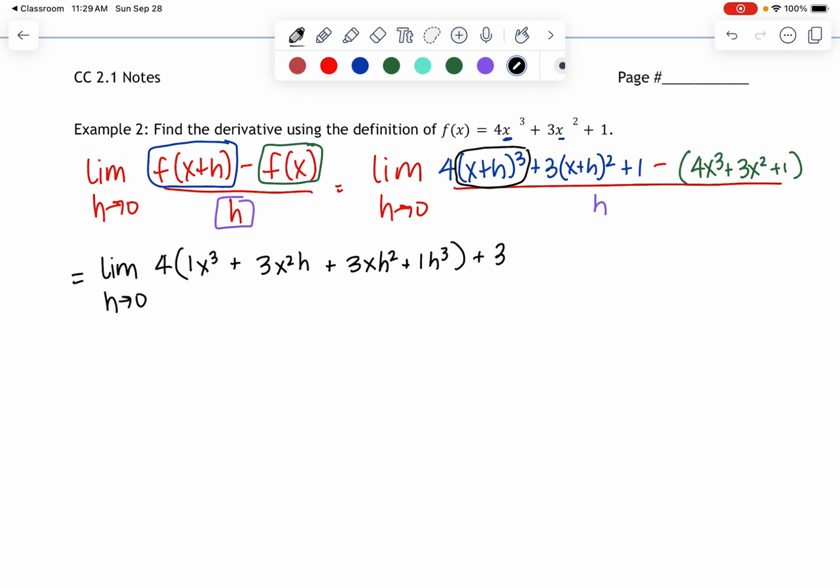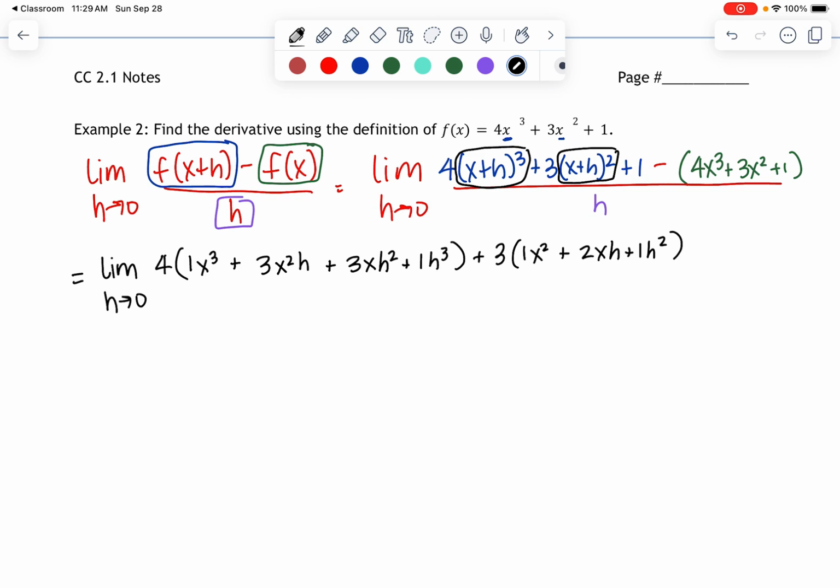Then I'm going to use the binomial theorem to expand (x plus h) squared. So second row Pascal's triangle is 1, 2, 1. Then it'd be x squared, x, and then h squared, h.